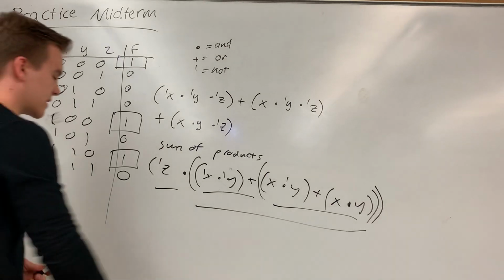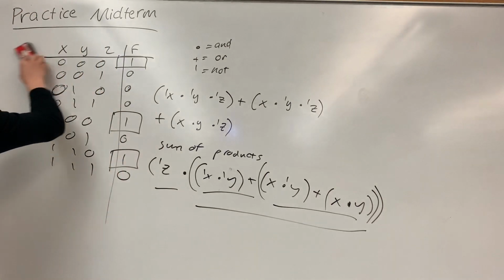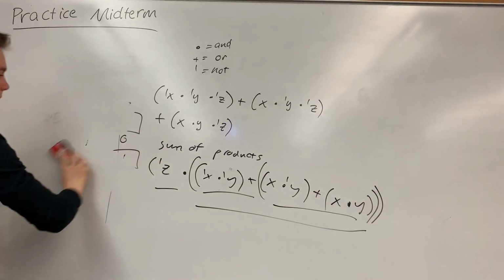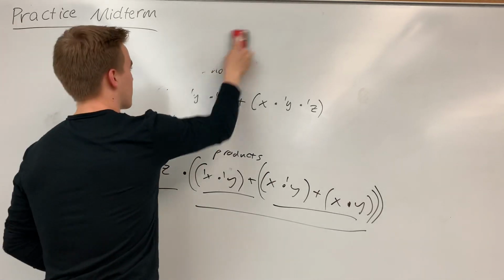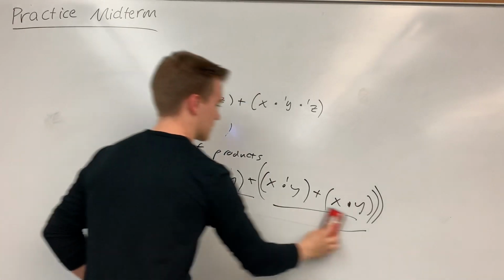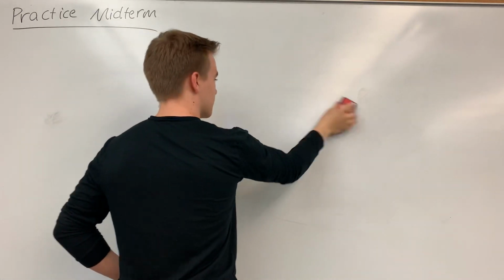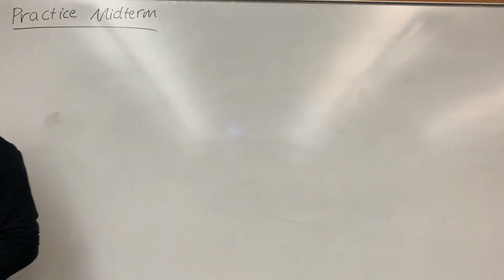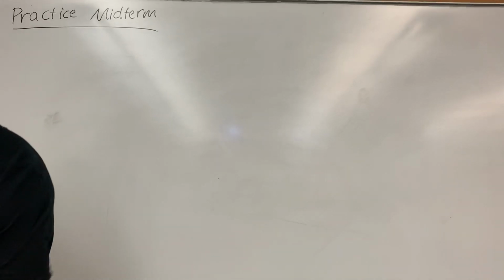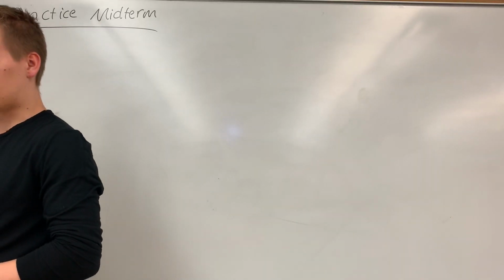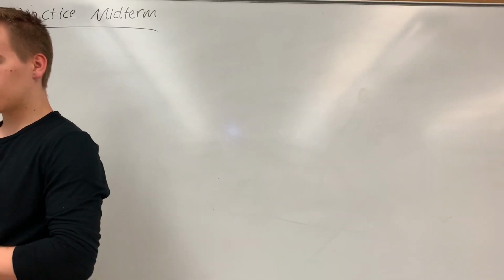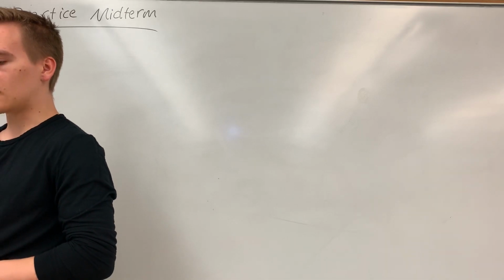Okay, so 2b is unrelated, so I'm going to erase this. Give a Boolean expression corresponding to each of the following statements involving the Boolean variables p, q, and r.